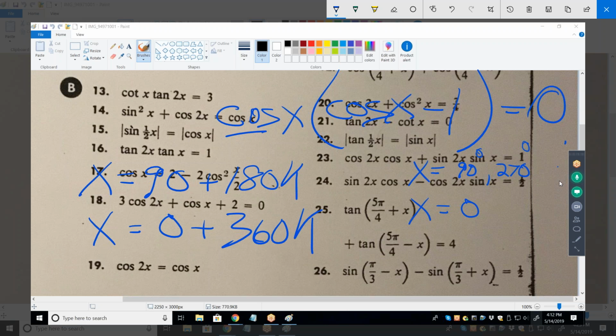And you do need, I think that's the only answer. Let's see. Does that cover all of our possible answers? We know the answers are 90, 180, 0, and 360, but not 270. So I could not just do 0 plus 90k, 180k.